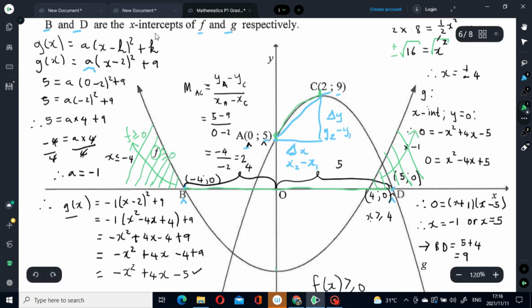If g is increasing between those points A and C, not exactly by C, because C is a turning point, but it approaches C. And it seems like this is the region, because g increases from the y-intercept to the turning point, approaching the turning point where C is. So in that region, both functions are increasing. It's quite clear. They're both going up. So x has to be greater than 0 and x has to be smaller than 2.